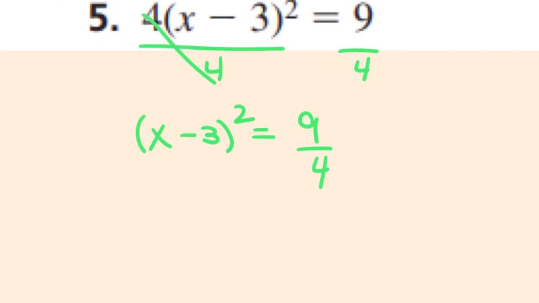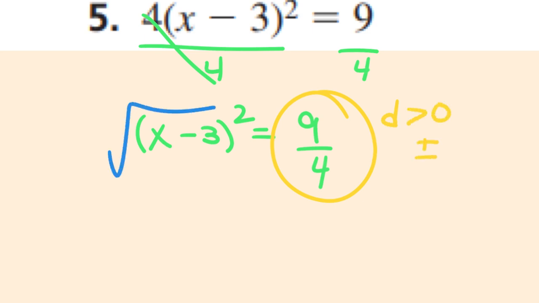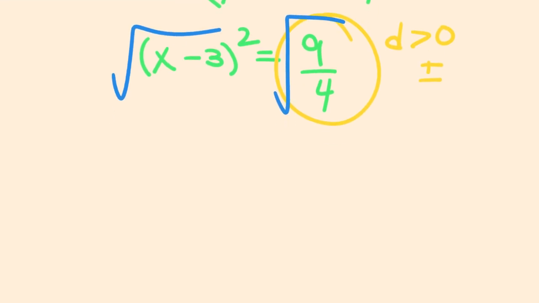Now I'm able to square root it, but I could determine that D is greater than 0, so I'm going to have a plus or minus. I'm going to be left with x minus 3 equals plus or minus 3 over 2, because the square root of 9 is 3 and the square root of 4 is 2.